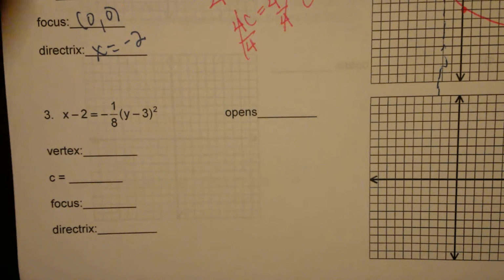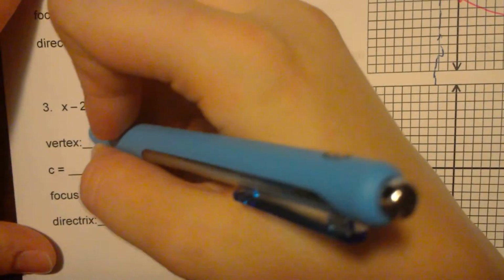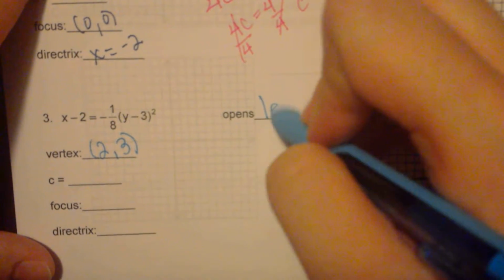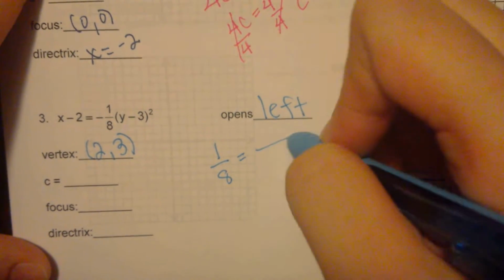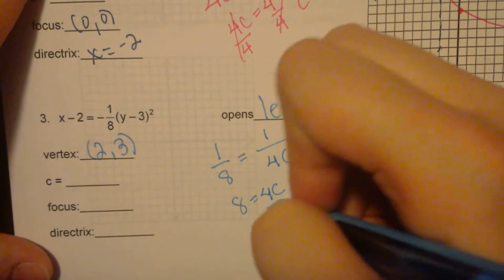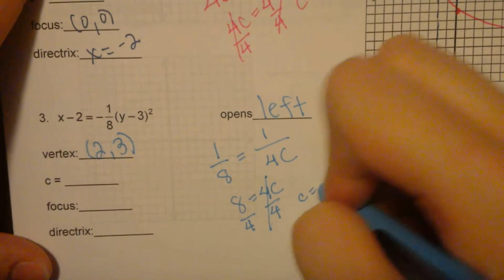The next one, I'm subtracting 2 from x and subtracting 3 from y, so my vertex is 2, 3. And there's a negative, so it's opening left. So c is 2.